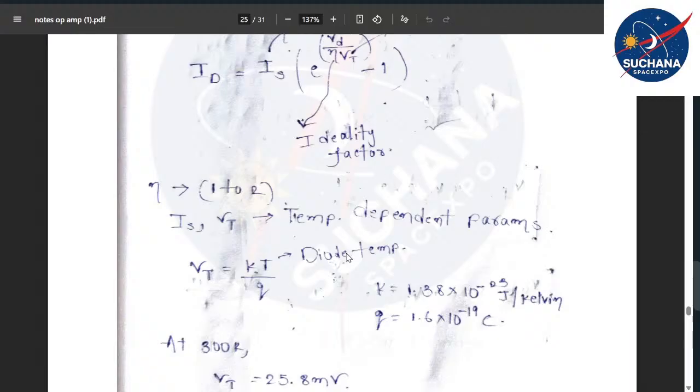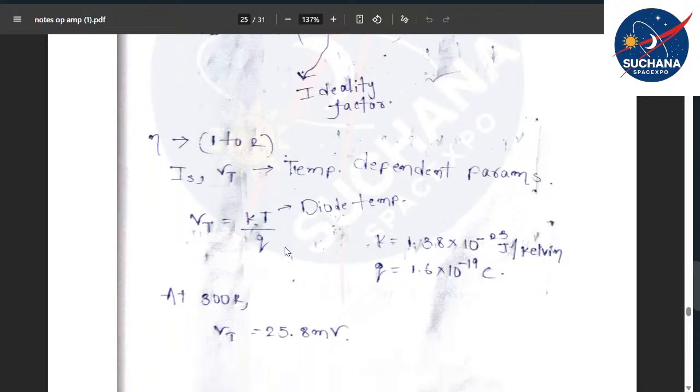Thermal voltage is the voltage produced due to thermal agitation or excitation of the charges, which is proportional to the diode temperature with the scaling factor k by q, where k is the Boltzmann constant and q is the charge of an electron. Now for temperature, let's assume you have this op-amp at room temperature, which is 300 Kelvin.